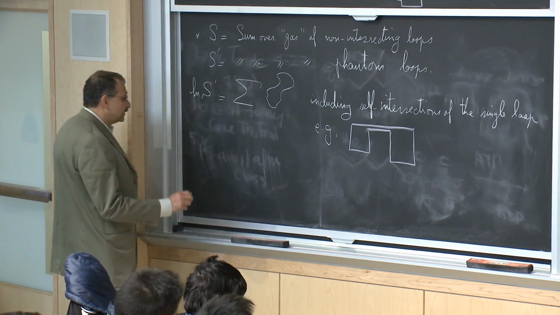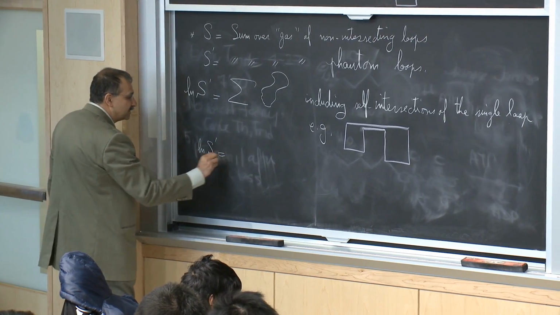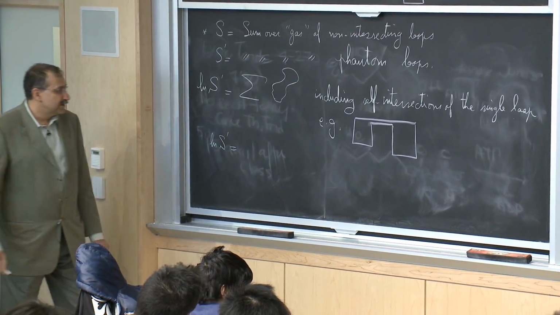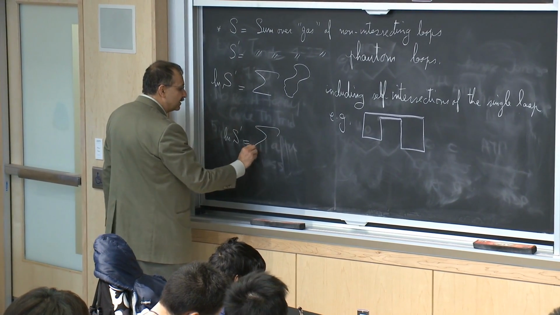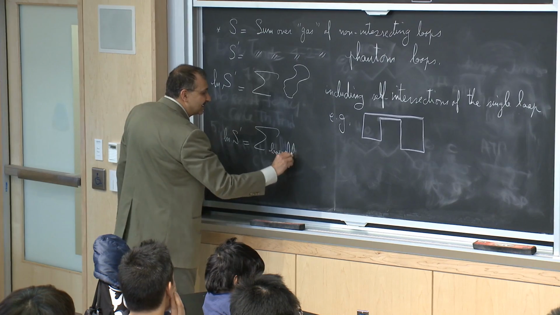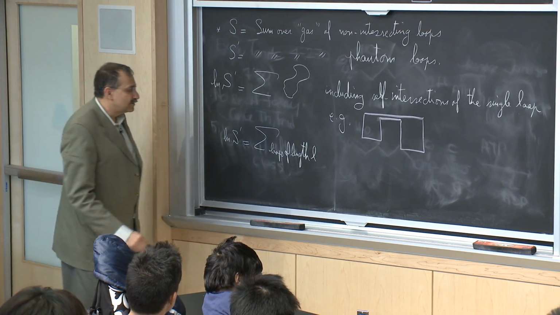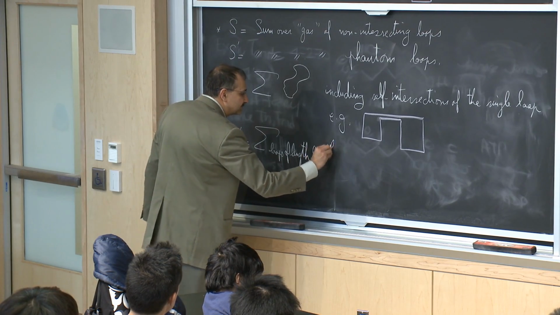So now what do we have? We can write that log of S prime is this sum over loops of length L, and then multiply it by t to the L, right?